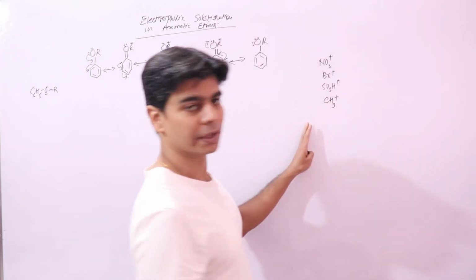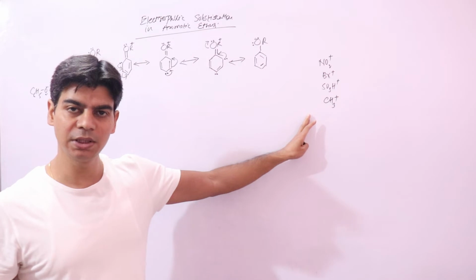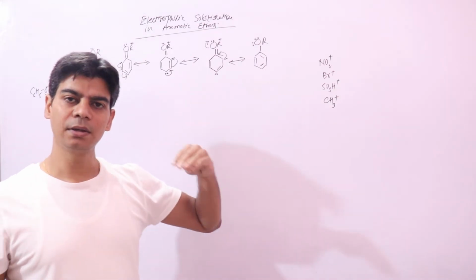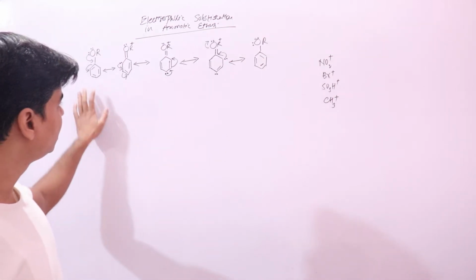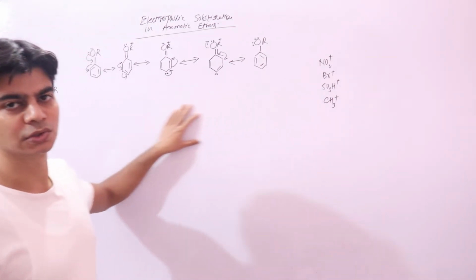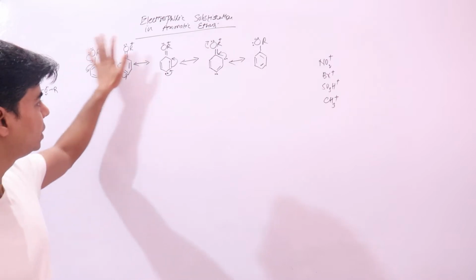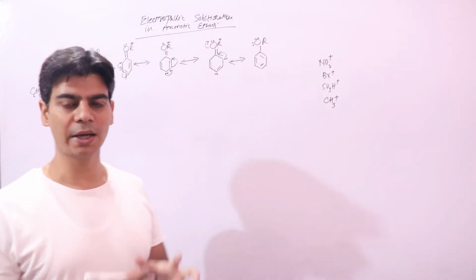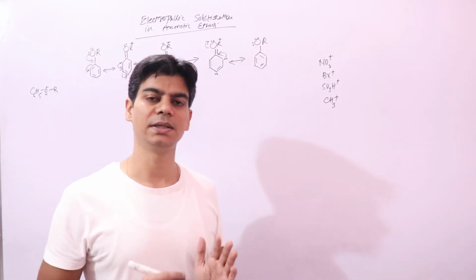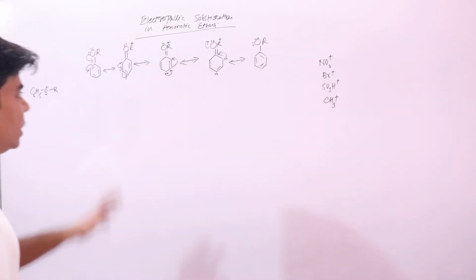All these are electrophiles. Now these are positive reagents, so they will attack at sites of high electron density in the benzene nucleus. Now we need to see where we have sites of high electron density and how these sites are created in aromatic ethers.